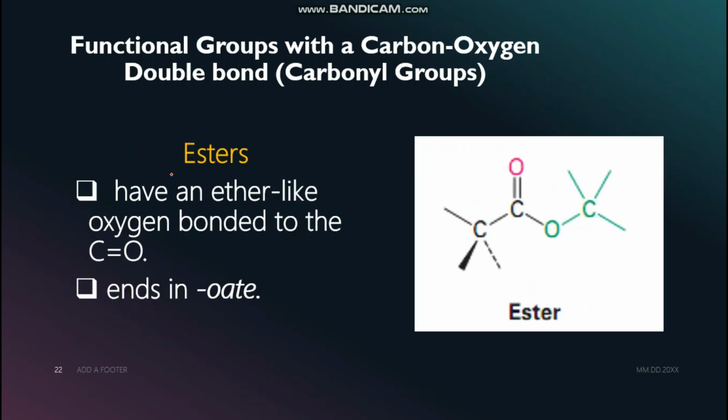So, we have esters. So, esters have an ether-like oxygen bonded to the carbon. So, ito yung ating carbonyl group at meron tayong isang oxygen na nakakabit dito sa ating carbon ng carbonyl group, and that oxygen is also bonded to carbon.